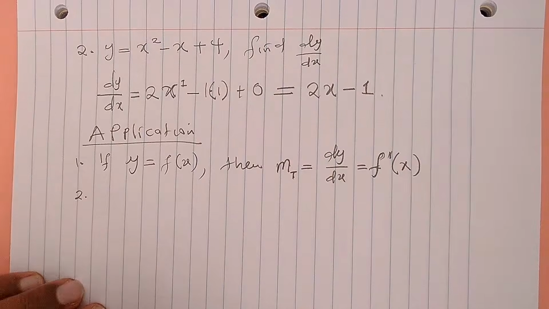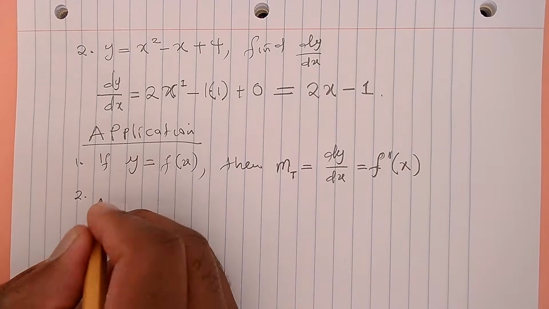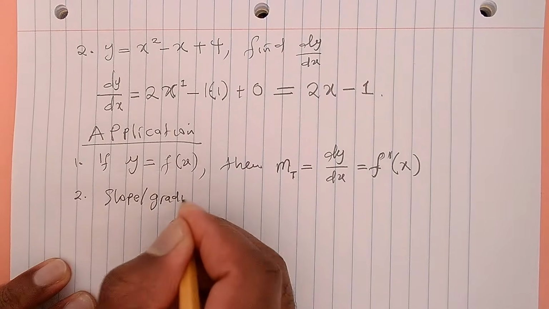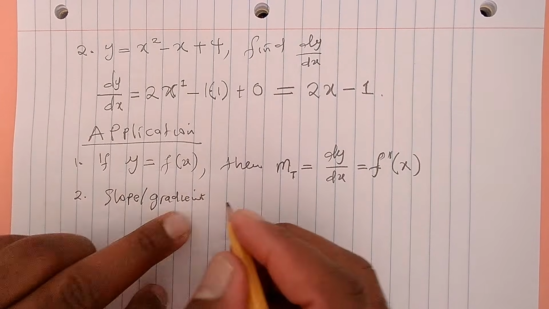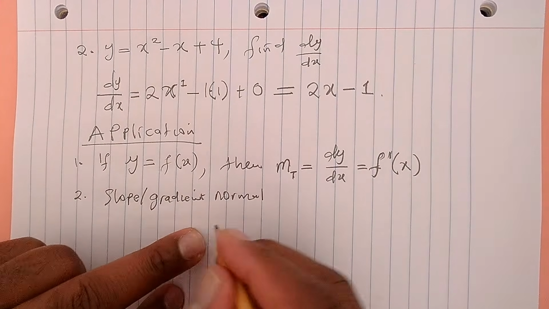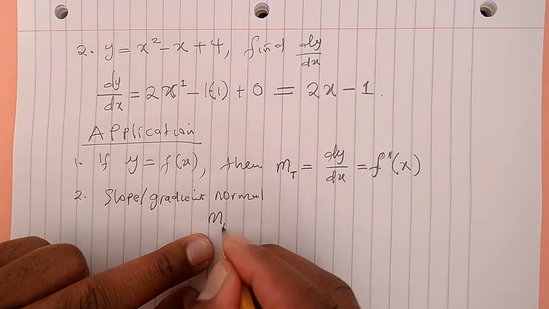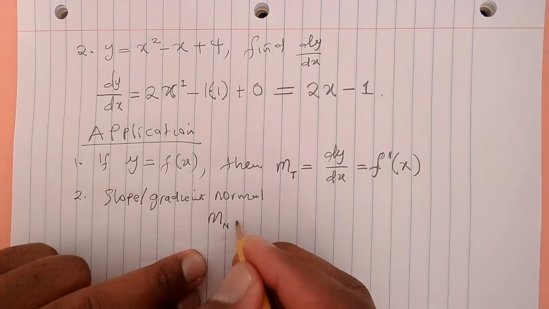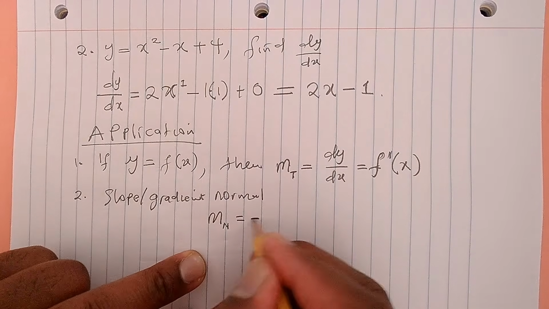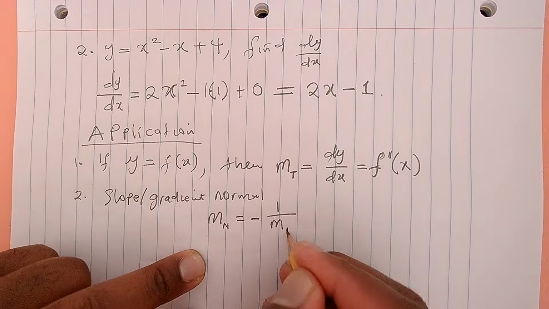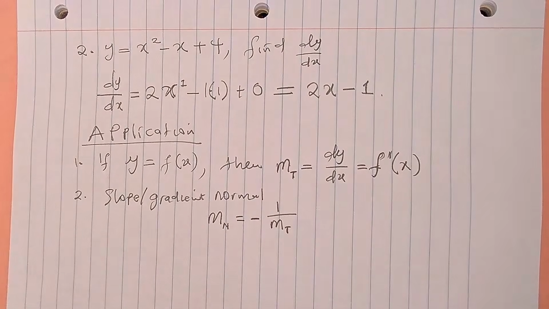Then 2, this implies that the slope or gradient of the normal, I'll write m with subscript n, is just the same as minus 1 over m_t, where m_t is the slope of the tangent.